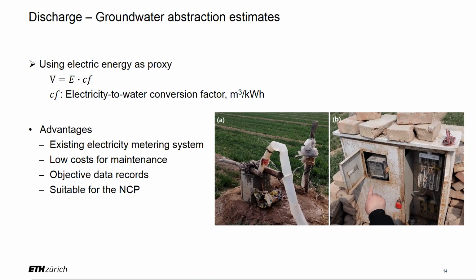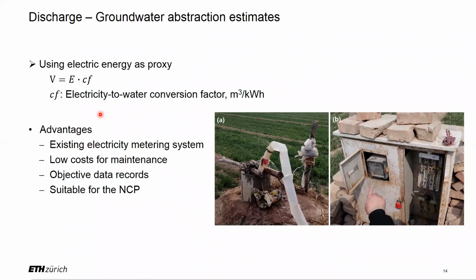We use an electricity to water conversion factor to convert electricity to water volume. It has many advantages because the electricity metering system is well maintained by the electricity department. So the cost of this monitoring method is very low.